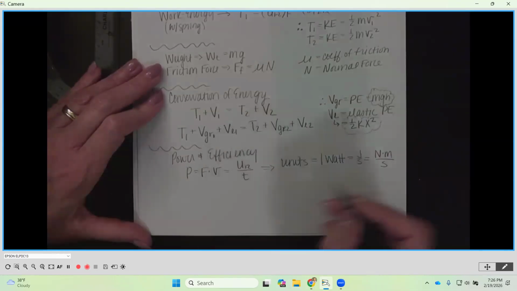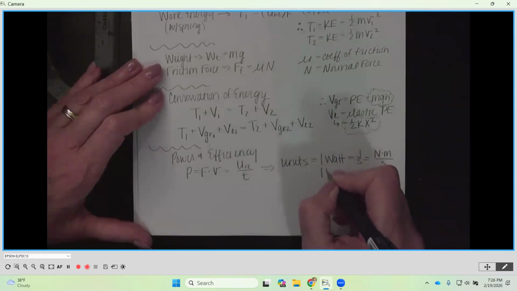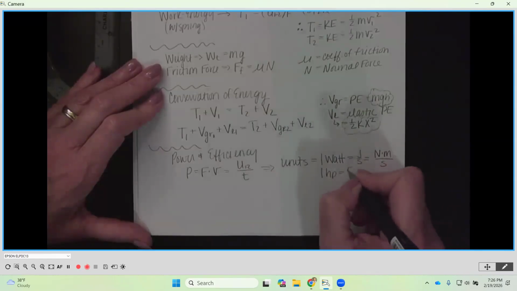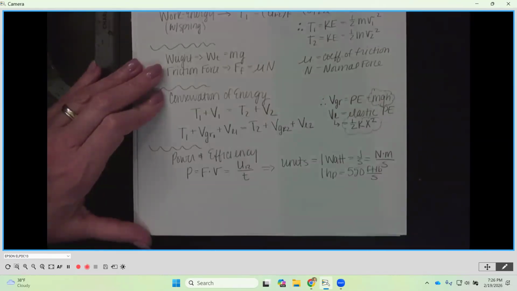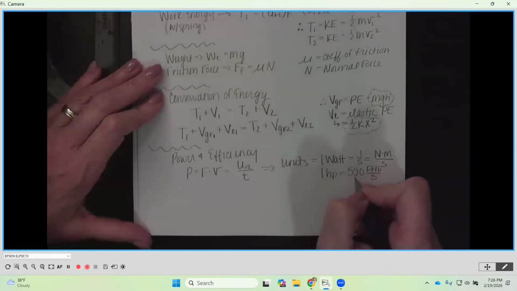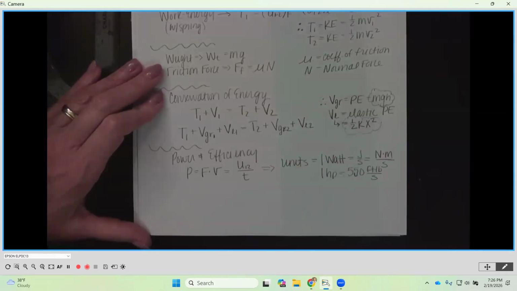And 1 horsepower is equal to 550 foot-pounds per second.